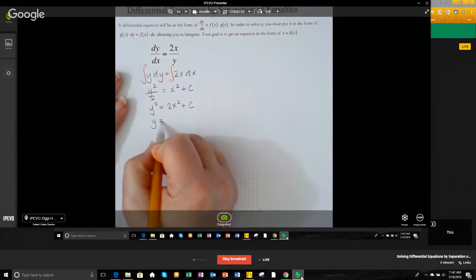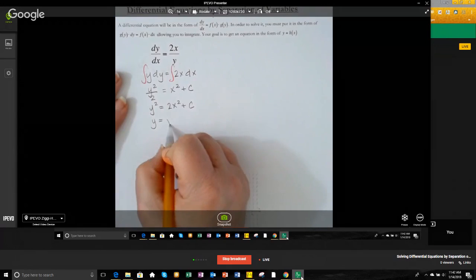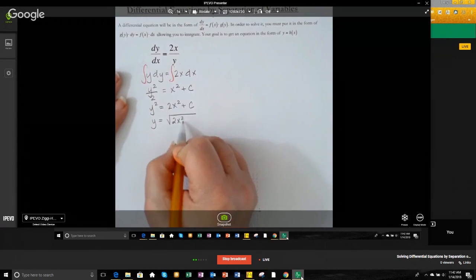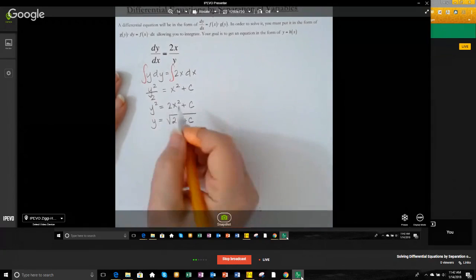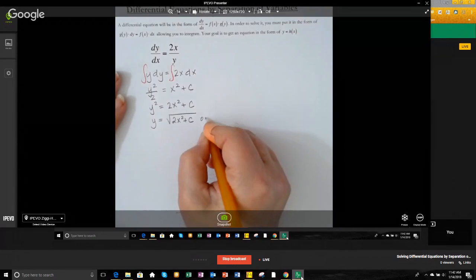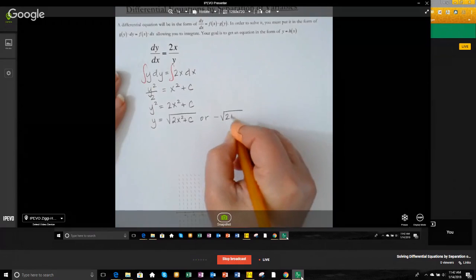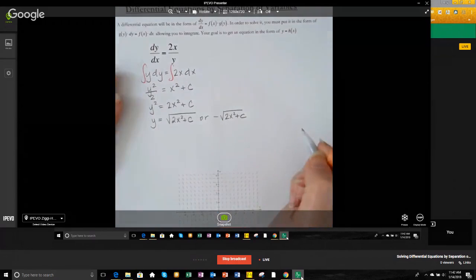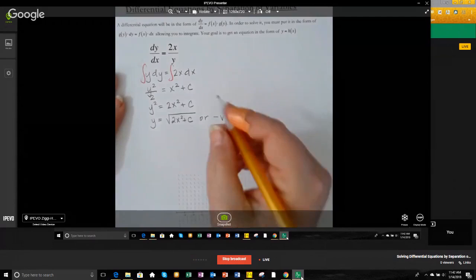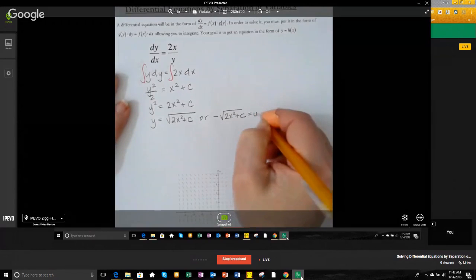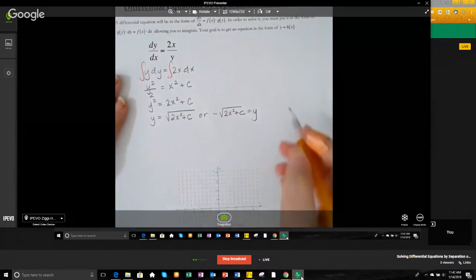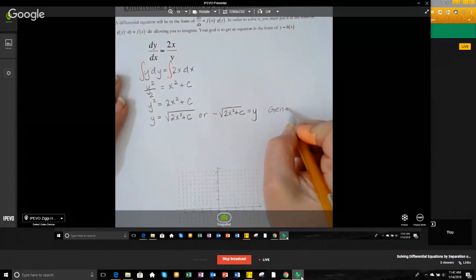We have y equals the square root of 2x squared plus c, or the negative square root of 2x squared plus c. This is the general solution here because I have a constant in it.